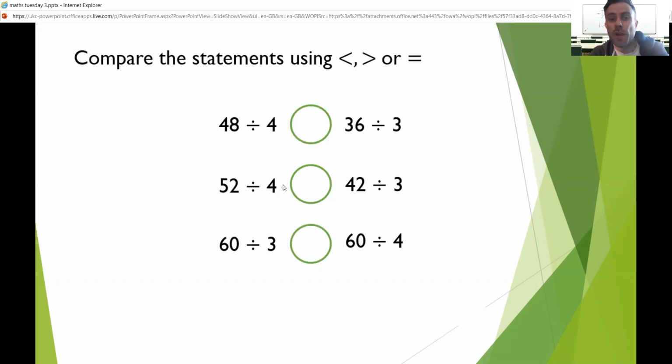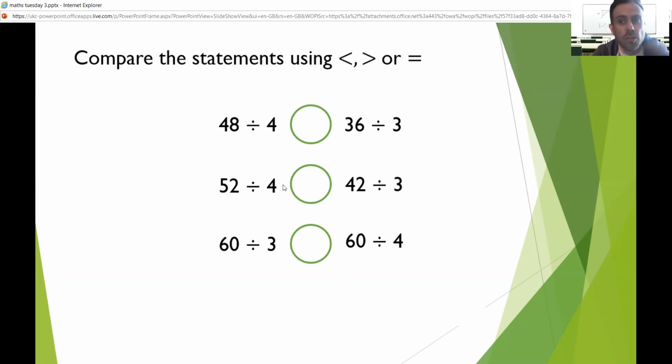What you need to do is work out both sides and then decide which symbol you're going to put in the middle: a less than, a greater than, or an equal to symbol. First of all, I'll read through them for you, and then you can pause the video and have a go. So we've got 48 divided by 4 and 36 divided by 3.